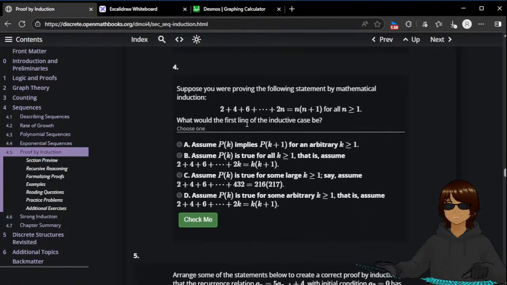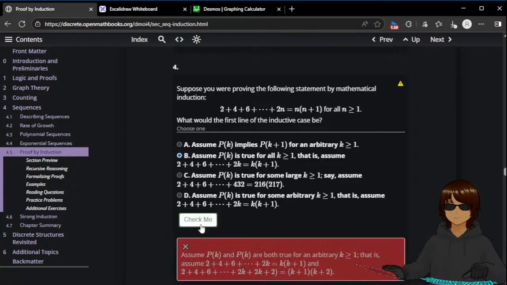What would be the first line of the inductive case? I think this. Assume Pk is true. No, for all k greater than or equal to 1, that is, assume this is equal to this.